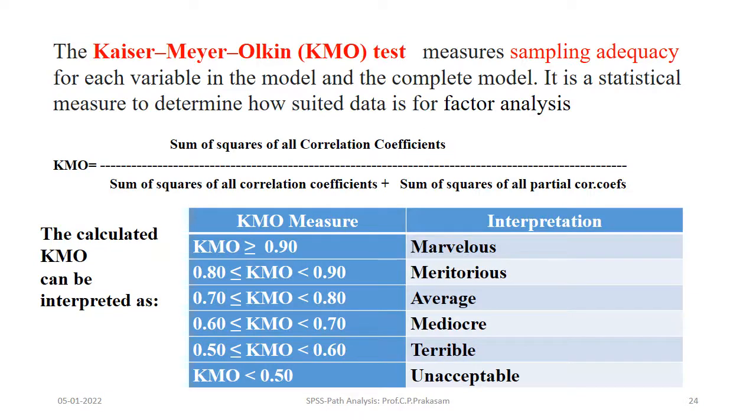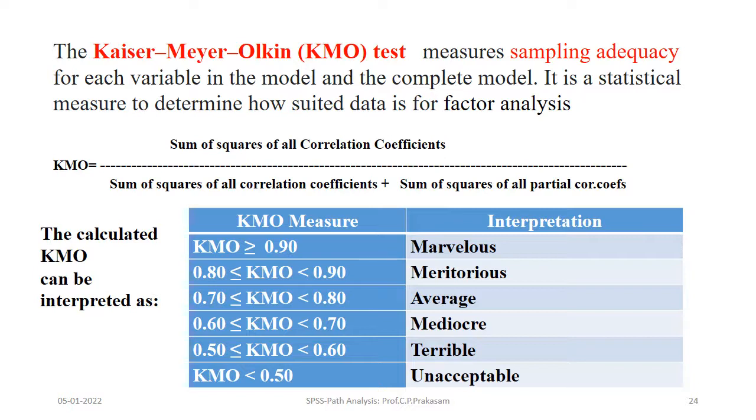It will give the significance. Next one is the KMO test, which will give you the sampling adequacy, whether our sample is adequate or not, for each variable in the model and also for the complete model. It is a statistical measure to determine how suited the data is for factor analysis.